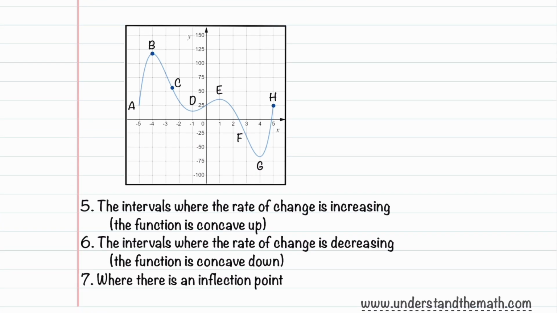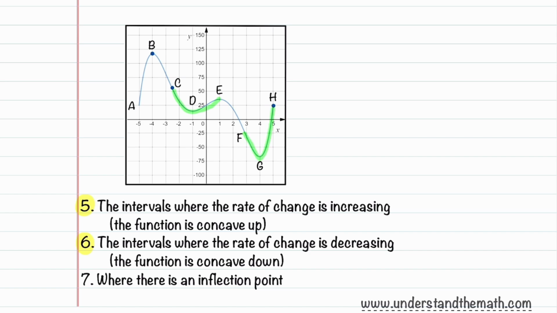Now we're going to talk about rates of change and concavity. The rate of change of a function is increasing when the slope of the tangent lines to the curve increase. This occurs when the curve is concave up or opening upward like a smile. The rate of change of this function is increasing in this part and in this part.